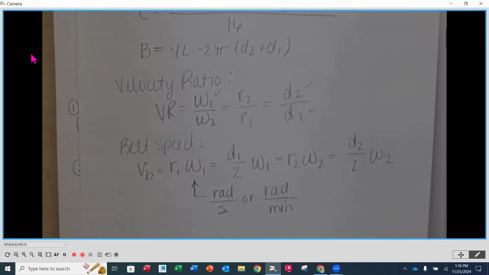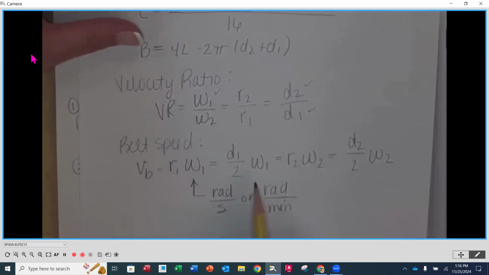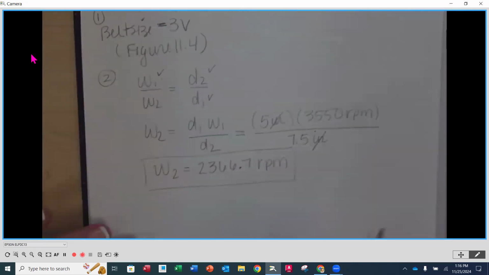So go ahead and write whichever version here using the W1s, whether it's the radius or the diameter, how you're going to solve.